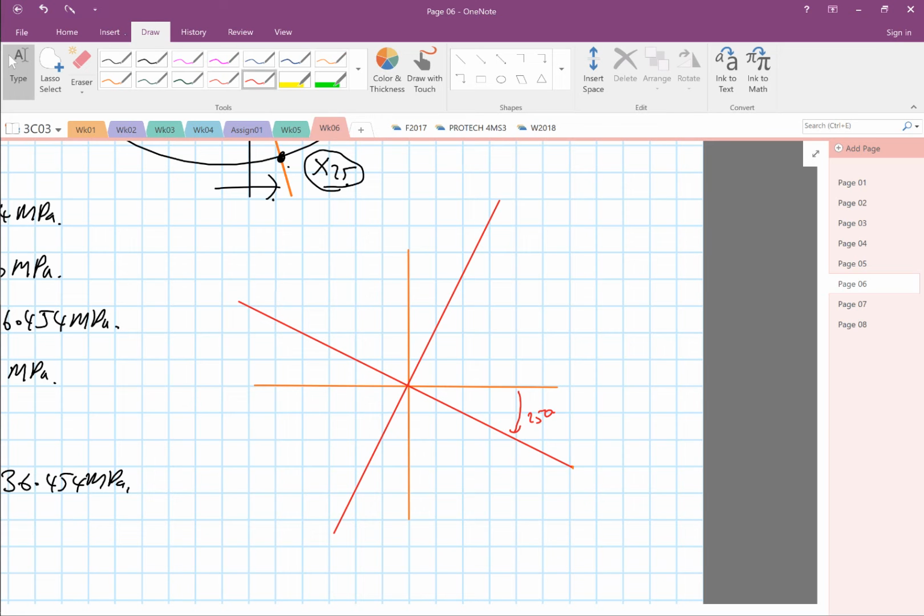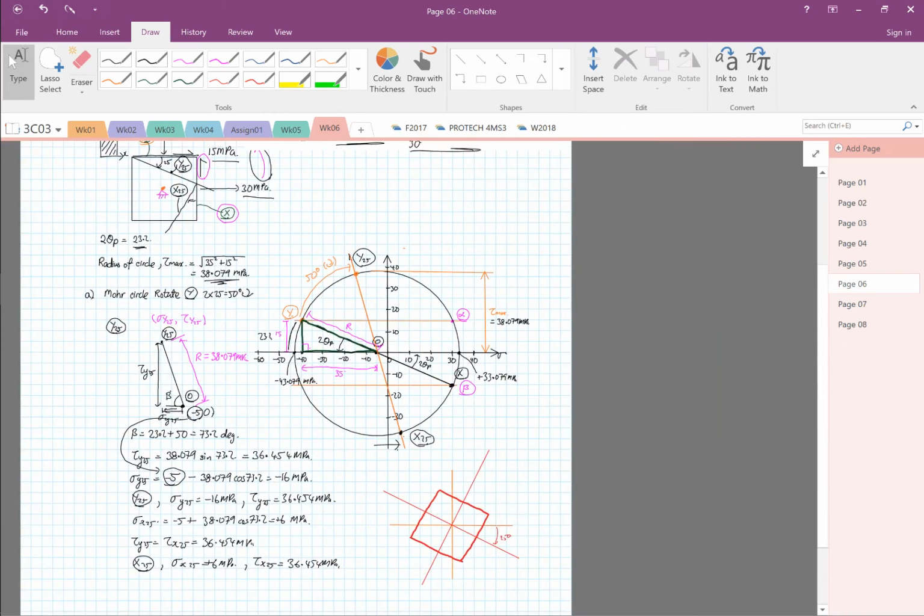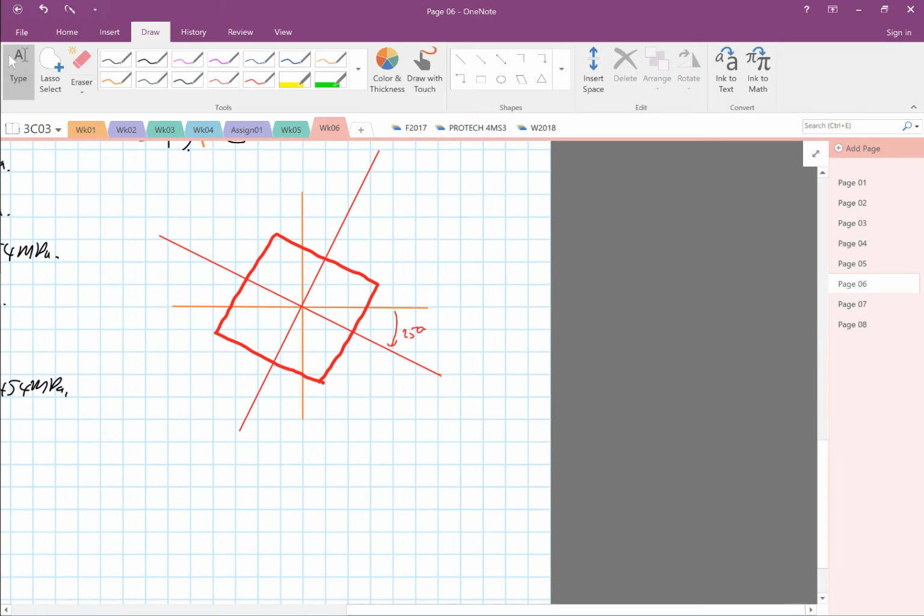This is how our element looks now. Based on how we rotate from the original, this surface over here is your Y25 line, and this over here is your X25.